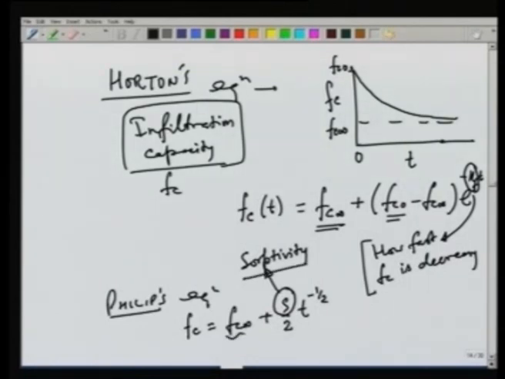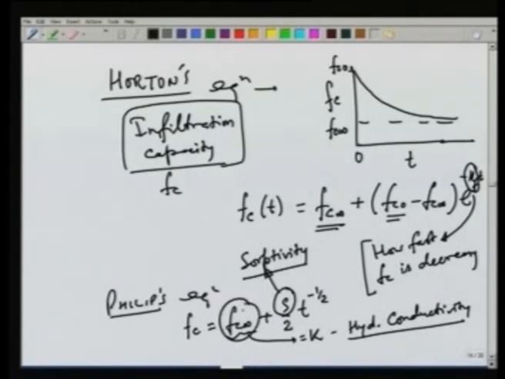F c infinity is generally taken as equal to K, which is the saturated hydraulic conductivity. So, F c can be given as K plus S by 2 t to the power minus half.